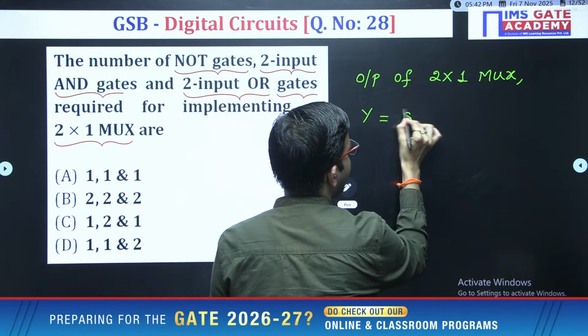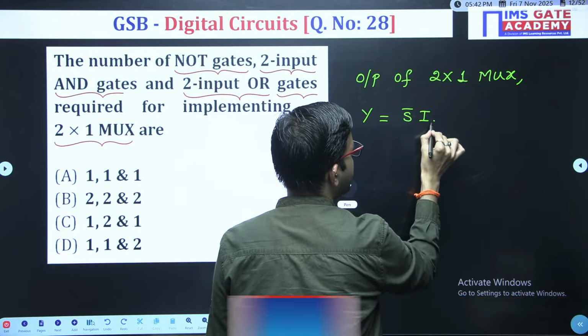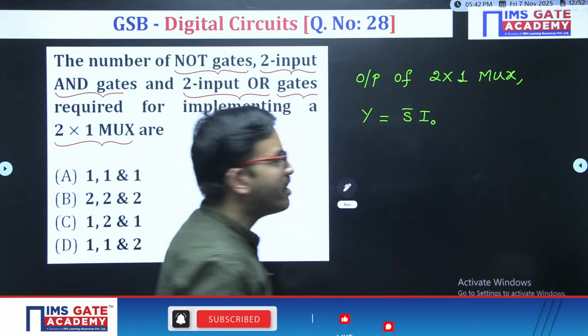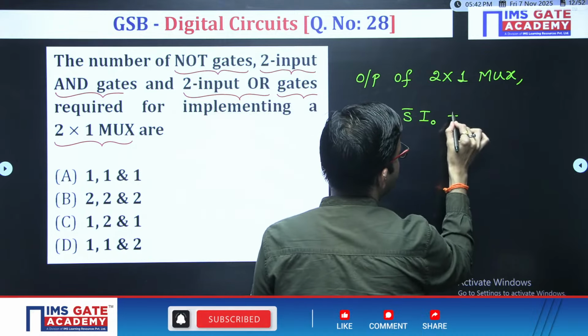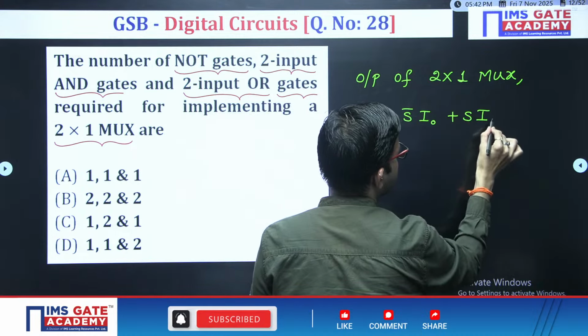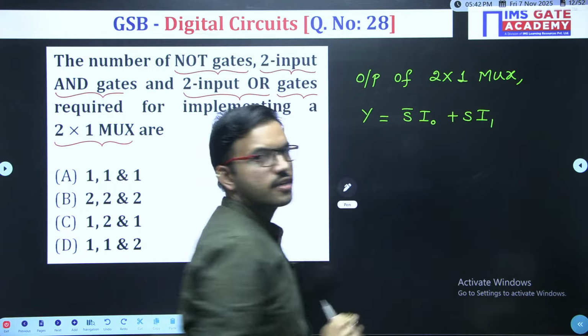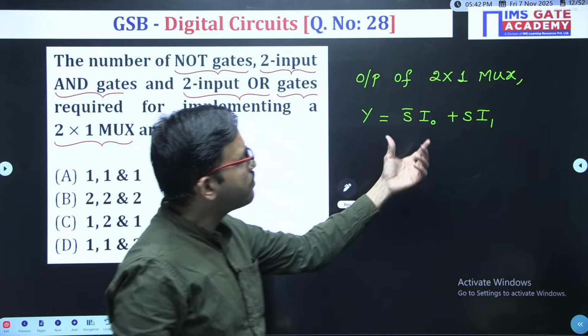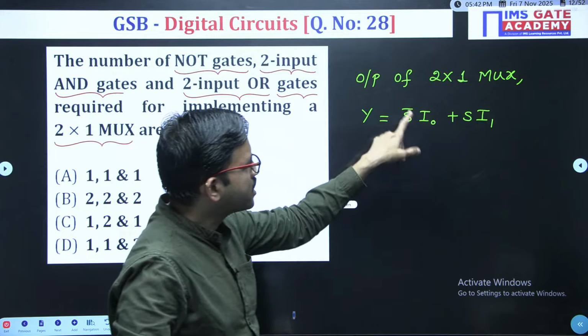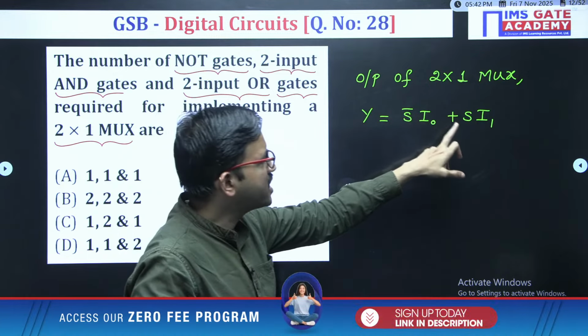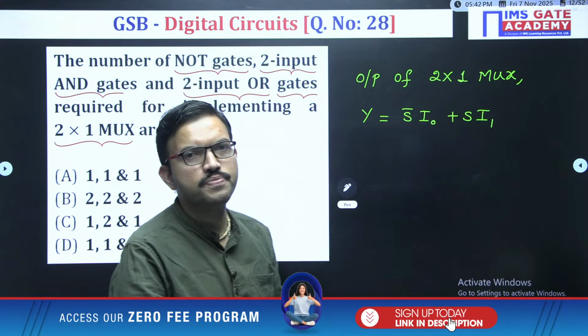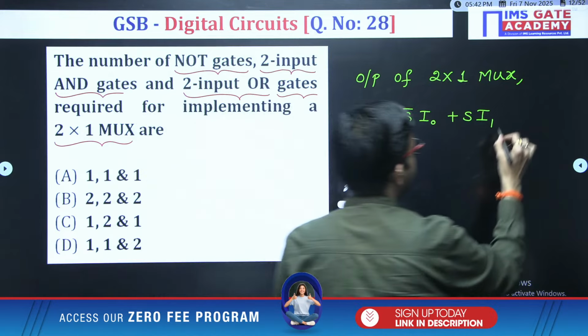If the selection line value is 0, then I0 will be connected to the output. If the selection value is 1, I1 will be connected to the output. That means 2 possible cases are there, so logical OR among those 2 combinations. Now this is the standard equation of 2-by-1 mux.